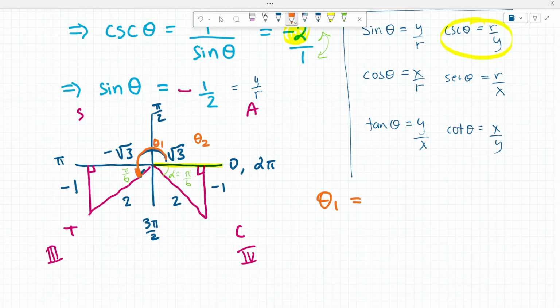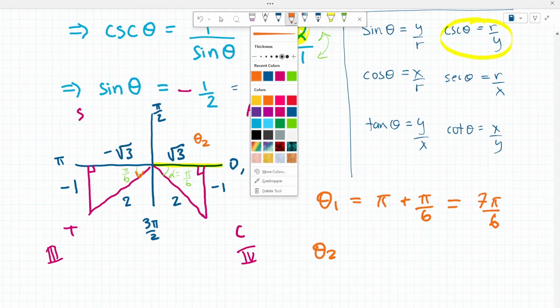So we see that it goes a full pi and then plus the alpha, plus pi over 6. So that is going to equal pi plus pi over 6, which is 7 pi over 6. And then for theta 2, we have to go all the way around.